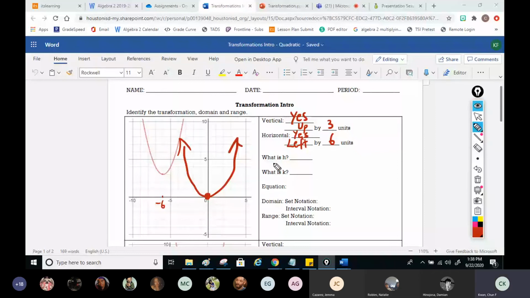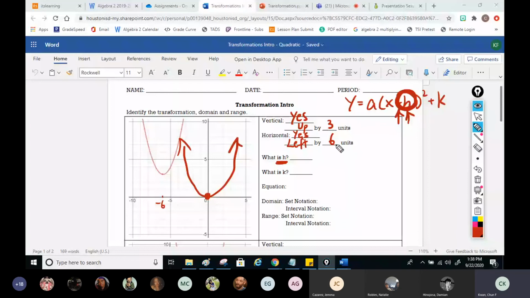Now I'm asking you, what is the h? Remember, the equation goes y equals a(x minus h) squared plus k. I'm asking you, what is this? Give me the sign, give me the number. This is shifted left by 6 units.